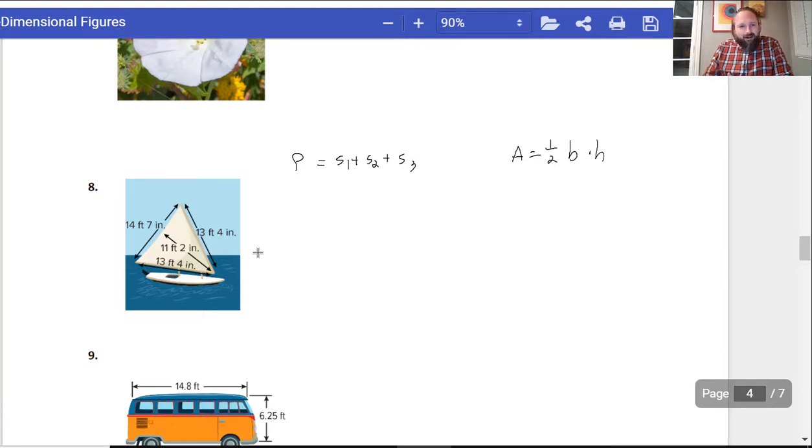And going on, now you might be like, wait a second, there's no height. Well, technically, here's our base, and then here's our height. So the base of 14 feet 7 inches, and then the height of 11 feet 2 inches. Now, the problem is you have to convert all of it to inches. All right, let's go on.